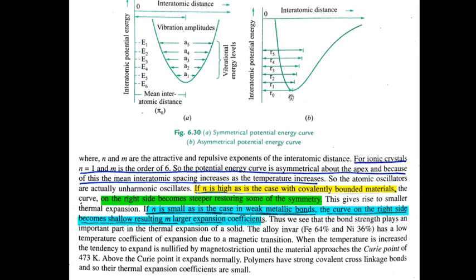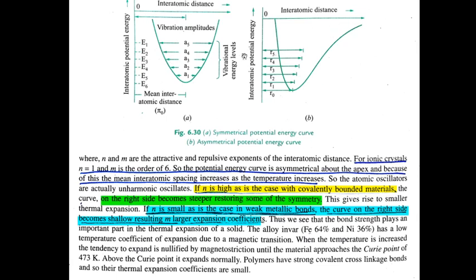So the exponent factors, that is m and n, in ionic as well as covalent crystals are a little bit higher, and therefore the right arm of your parabolic potential curve is steeper. लेकिन if the value of n is high as in the case of covalent, and if n is small, which is the case of a metallic bond, then the right-hand side of your curve becomes shallow. That is where you find the asymmetry.